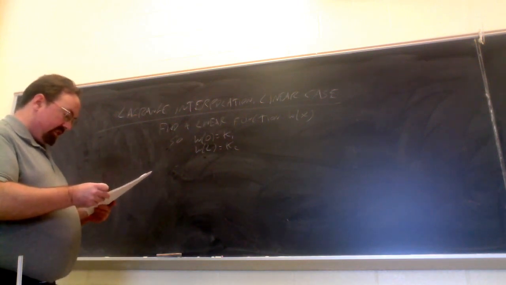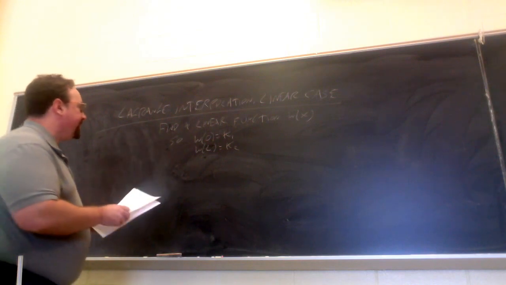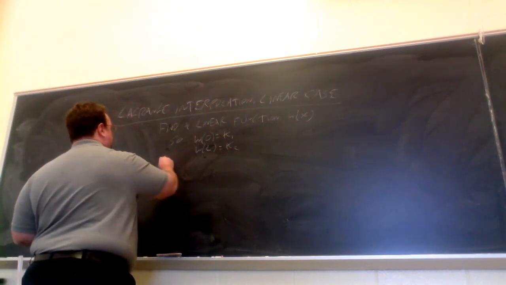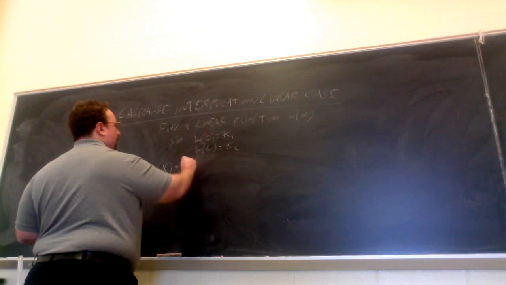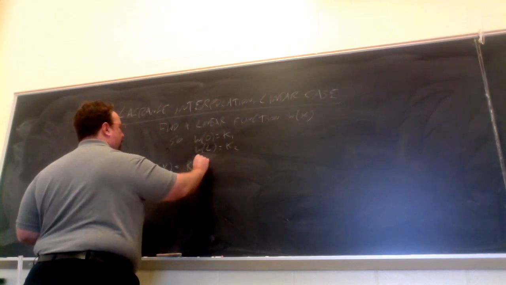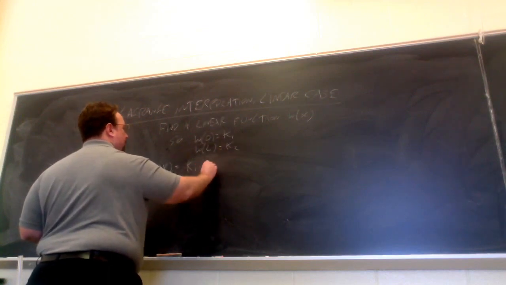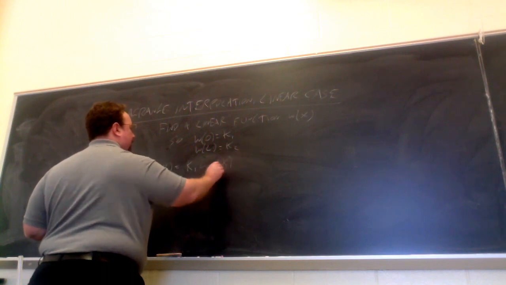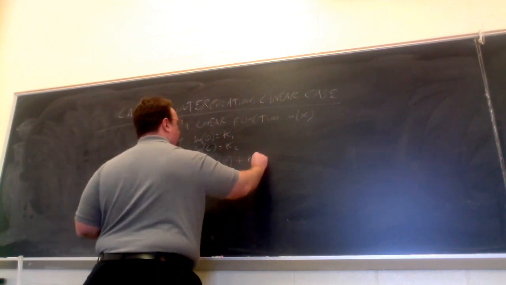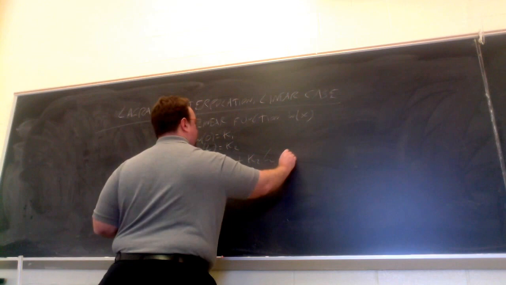All right. So I can write w(x) in this form: my first constant, k1, times L0 of x plus k2 times L1 of x.